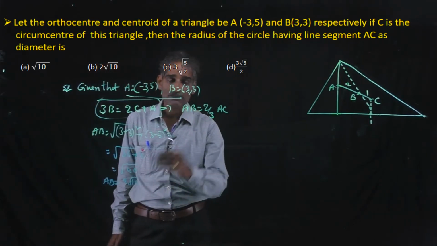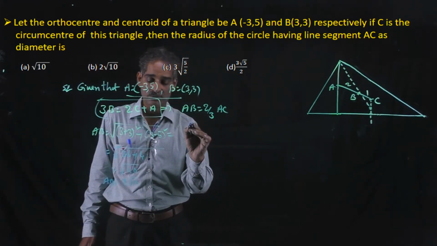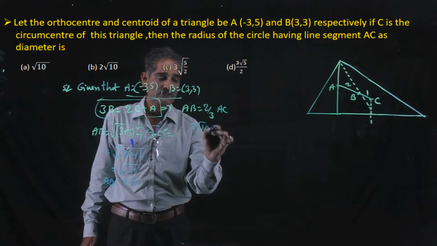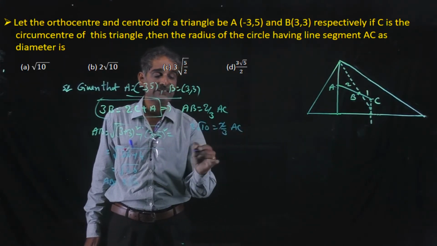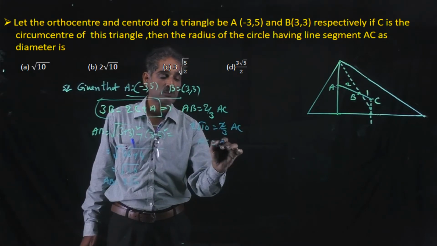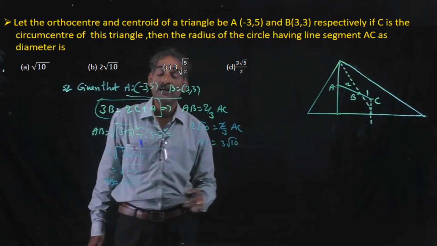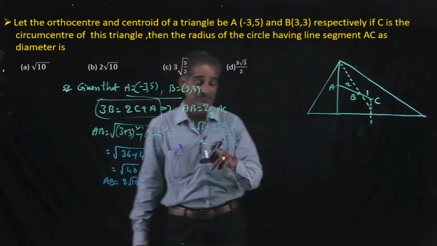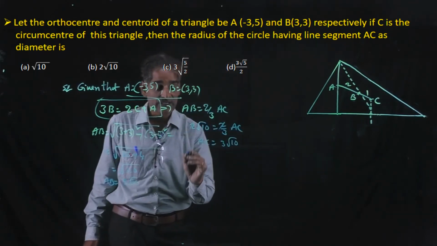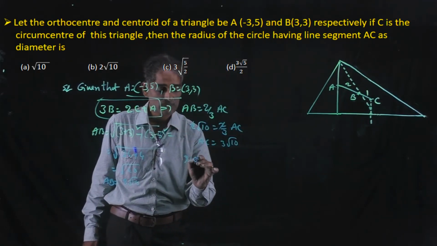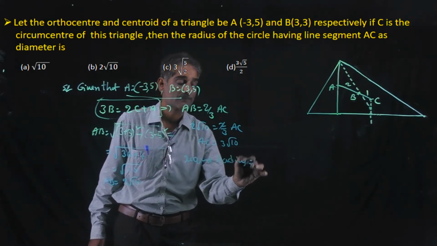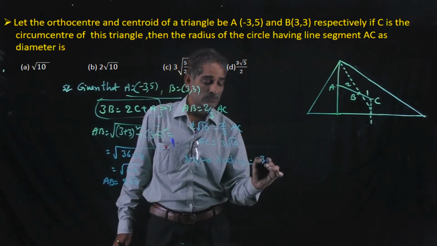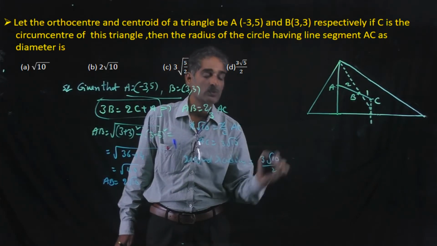Okay, with the help of this we can find out AC length. 2 root 10 is equal to 2 by 3 into AC. 2 gets cancelled. The AC length is equal to 3 root 10, but we have to find out circumradius. This is diameter, so required radius is equal to 3 root 10 by 2.